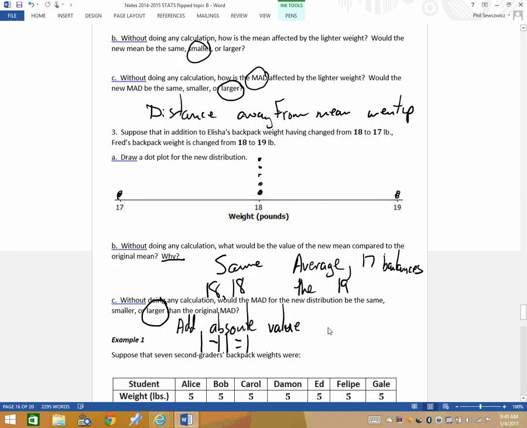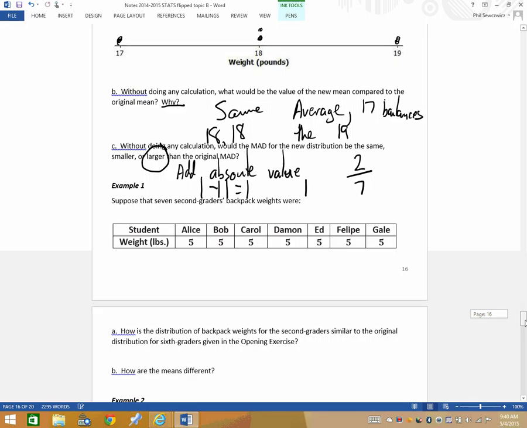And this is 1 away, so that's also going to be a 1. So now it's going to have a total of 2 when we divide it by 7. Again, it's not going to change by much, but it's certainly going to increase it. And that's the difference there: it does increase the MAD, but it doesn't affect the mean at all.